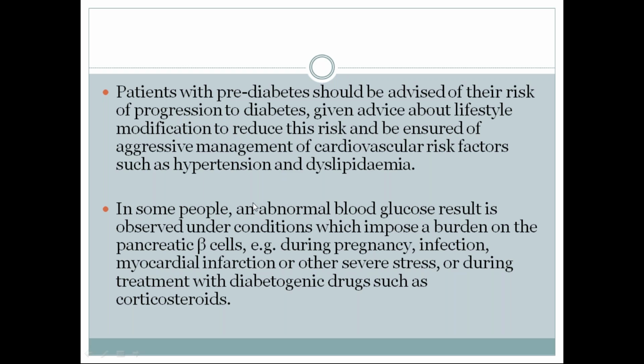In some patients an abnormal glucose value is observed during a burden over the pancreatic beta cells, that is during pregnancy, infection, myocardial infarction, or stress. And sometimes diabetogenic drugs, the most common being corticosteroids.